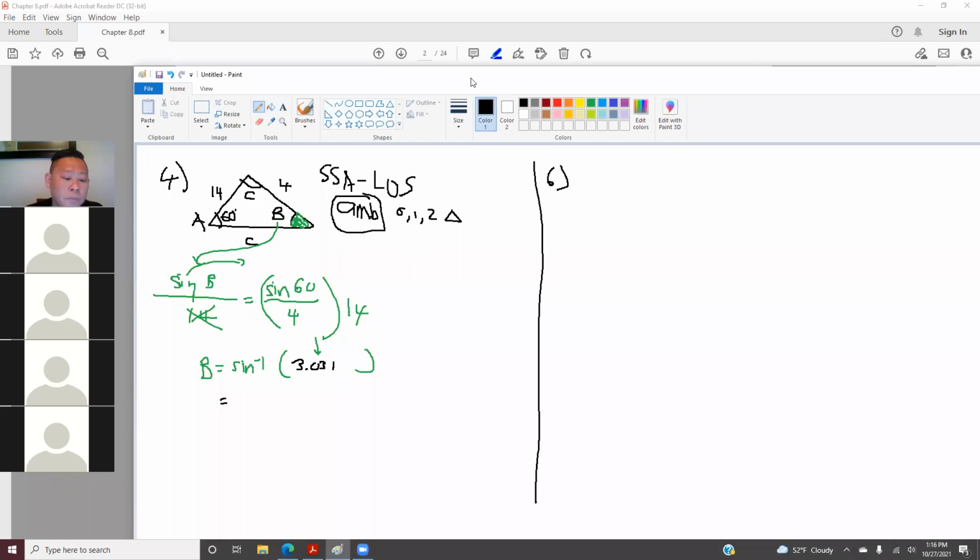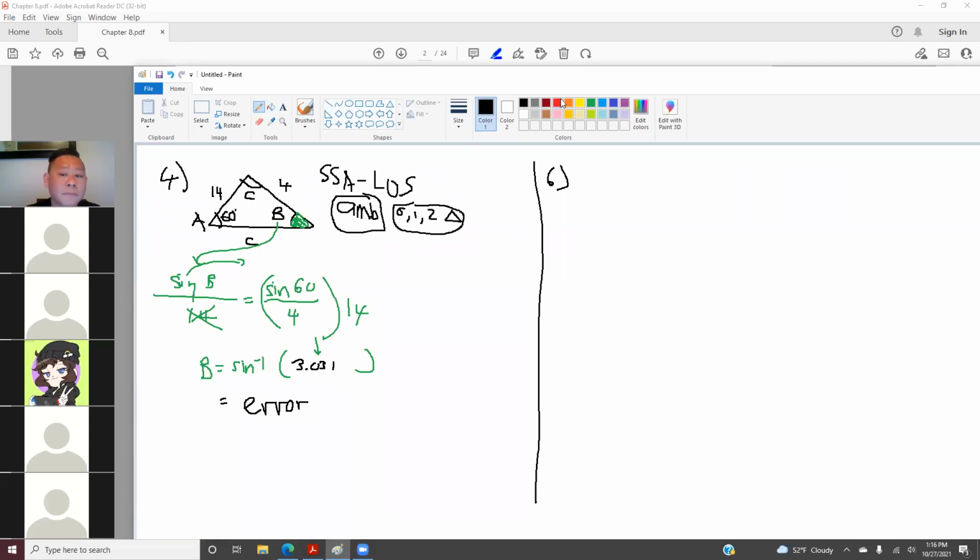I'm getting a domain error. Yes, you will get an error in this case. And what happens if you have an error in this case? It's undefined. So in this case, how many triangles do we have? Zero. Yep, so if you get a domain error in your calculator like this, it means there are 0 triangles.